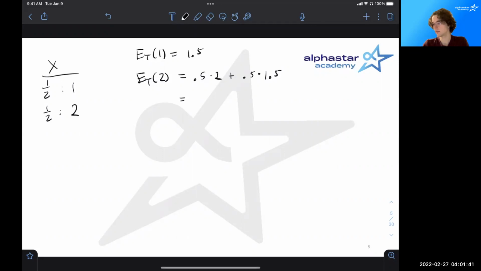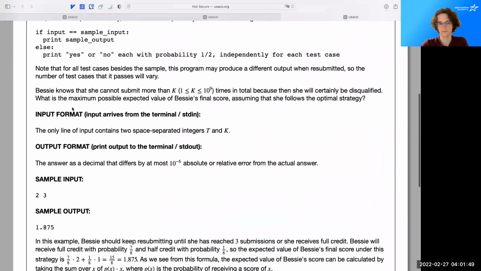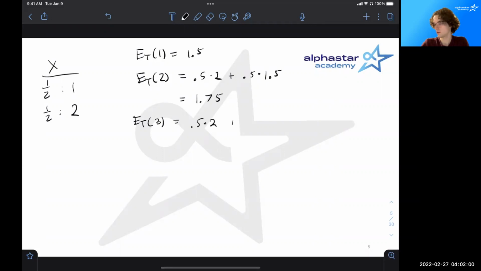And this gives us 1.75. On the problem we're looking at, K being 3, we should get 1.875. Again, 2 is still the only one greater, and that does work out to be 1.875.